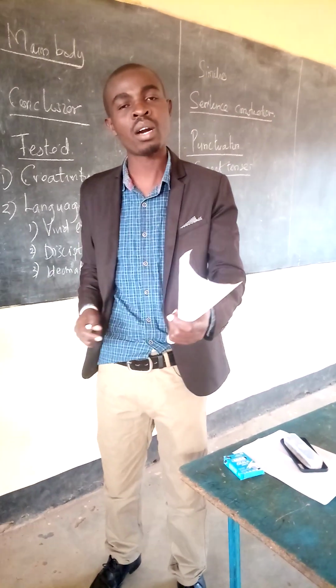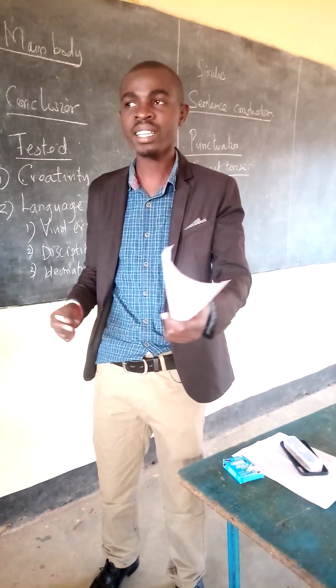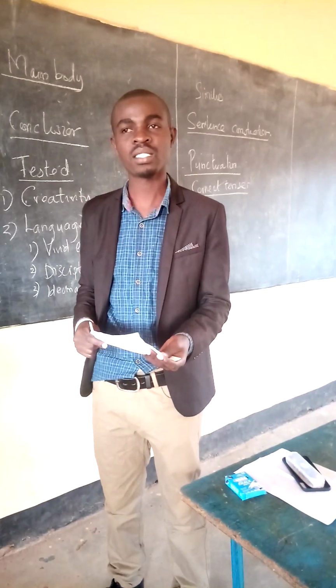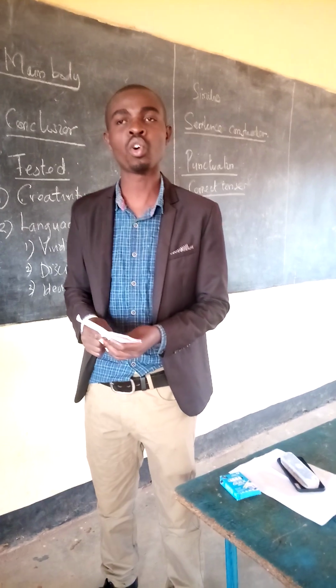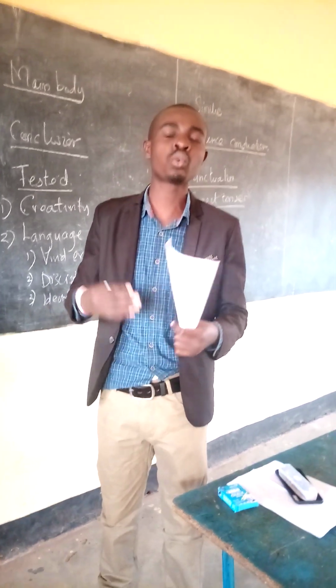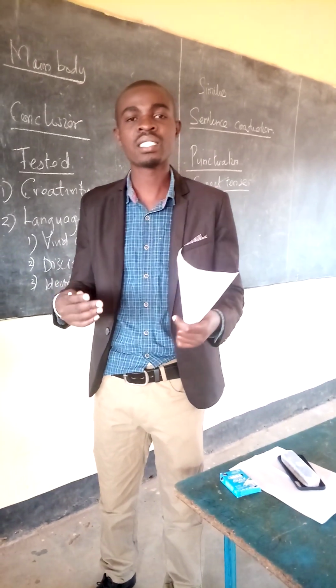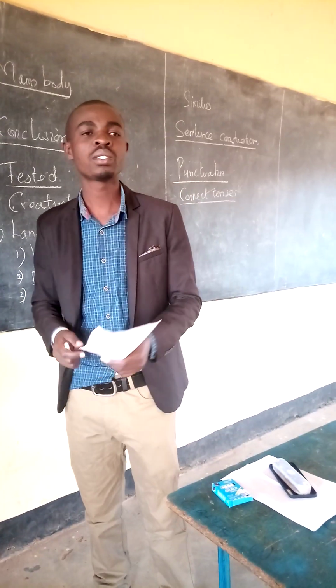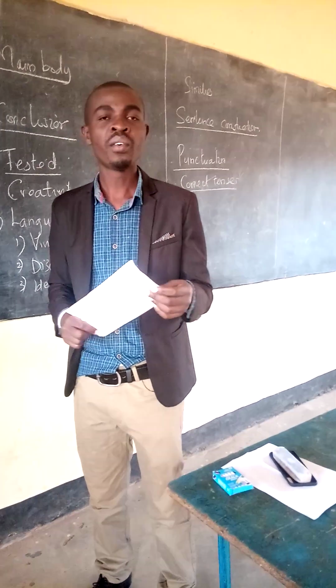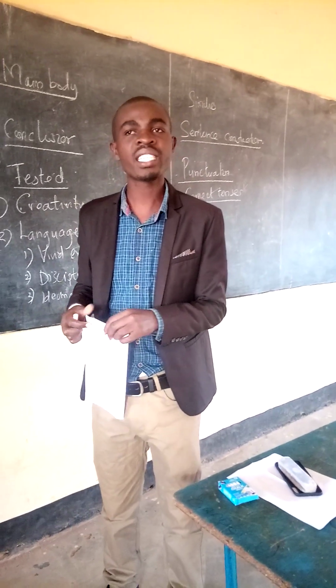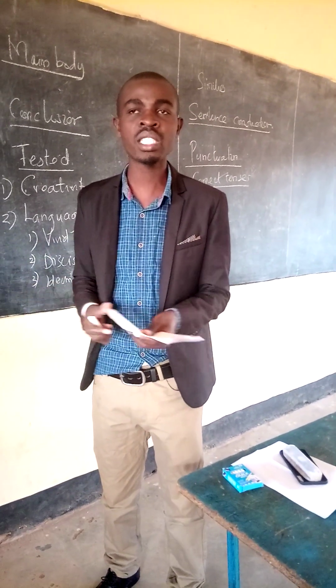But what about the other compositions or other writings? Use past tenses, because you are writing about something that took place some time back. Use proper tenses in your writing. Then they also check the flow of the story. I told you how the flow of the story is achieved.